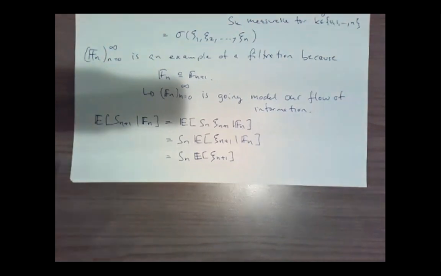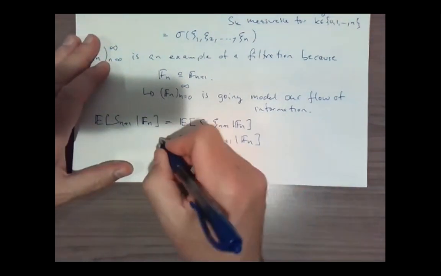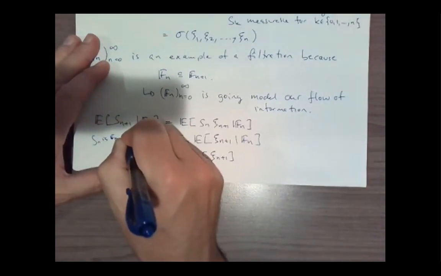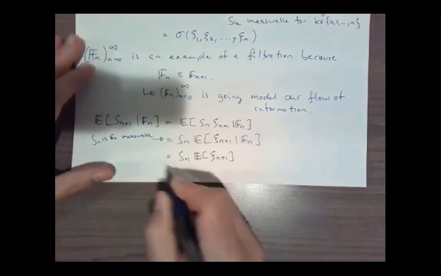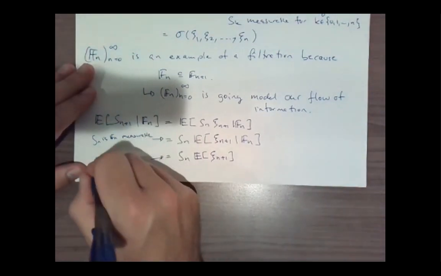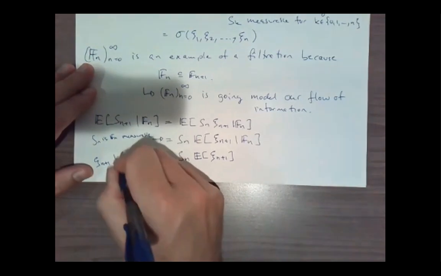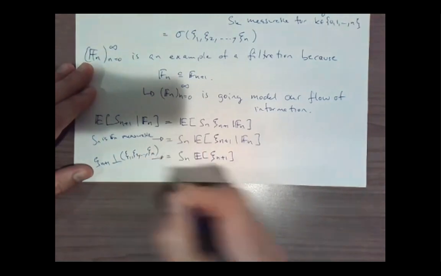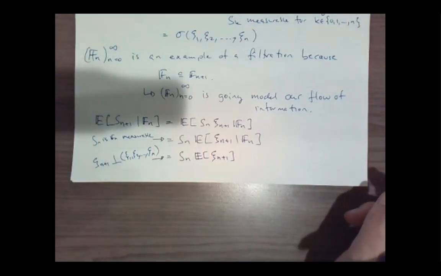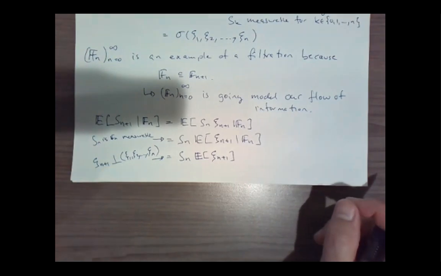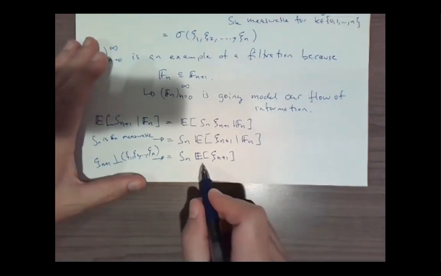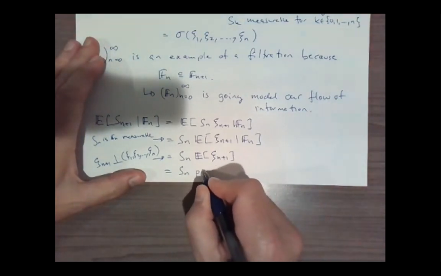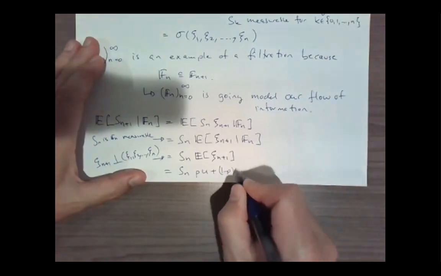That was because we had independence. So the first one, here we're using that Sn is Fn measurable. Here we're using that psi n plus 1 is independent of psi 1, psi 2, all the way up to psi n. And then we just ask to compute an expectation of a Bernoulli. This is Sn times p times u plus 1 minus p times d.